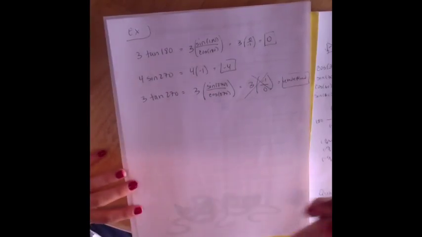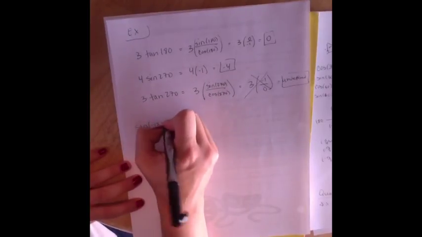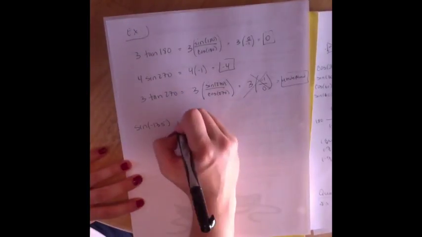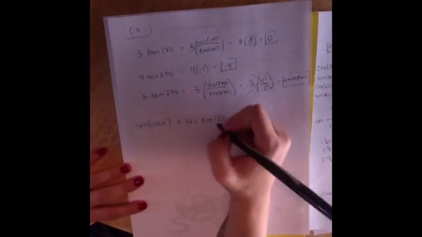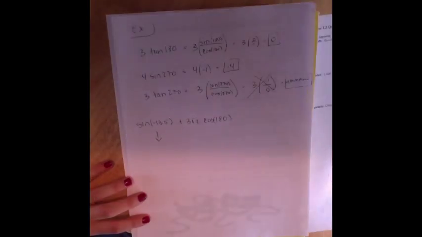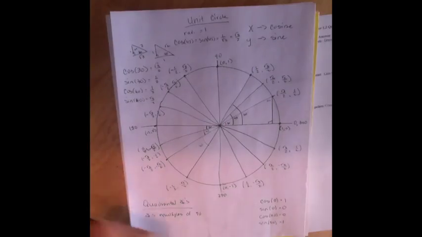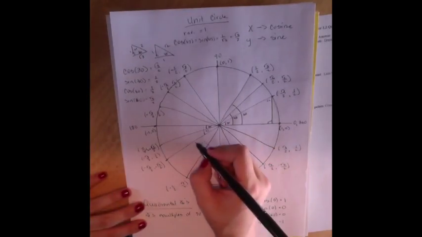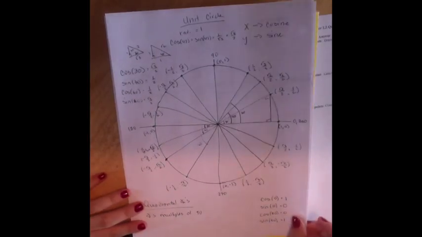Okay, what if we had this? Sine of -135 plus 3 root 2 cosine of 180. Okay, there's a lot of different points in this. Let's first look at the sine of -135. -135 on my unit circle brings me all the way over here to this point right here.